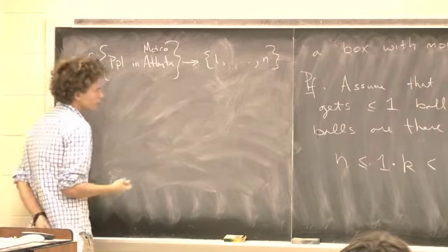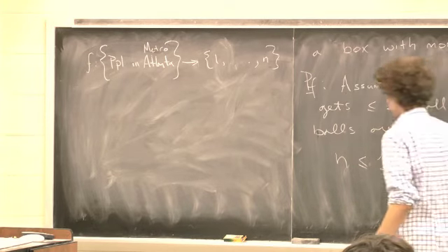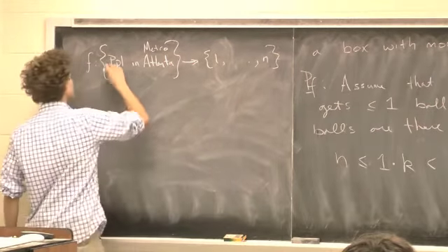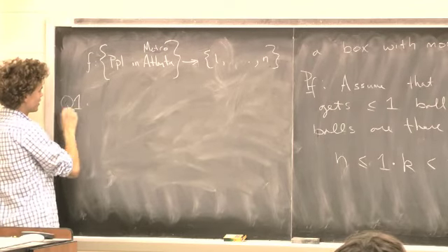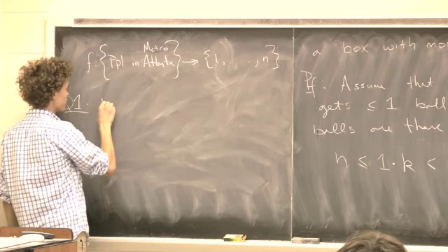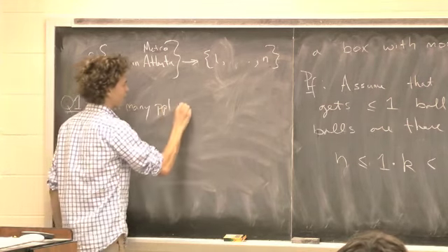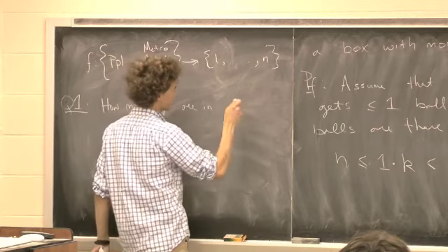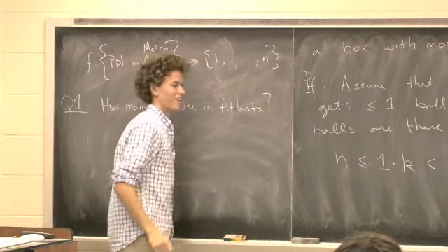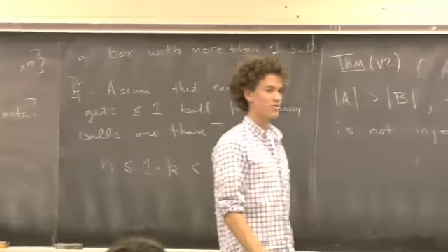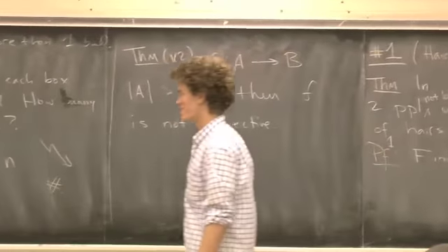Okay, so we know what the pigeonhole principle is, and we know that we have to know the cardinality of sets to apply it. So, question 1. How many people are in Metro Atlanta? I'm sort of assuming that no one in Atlanta is bald here when I use this statistic.